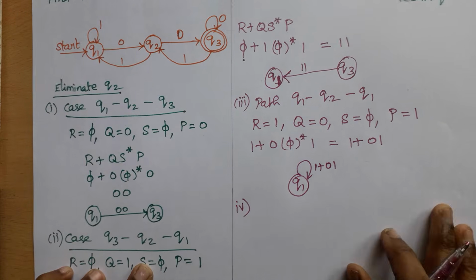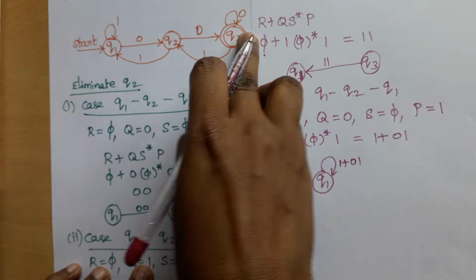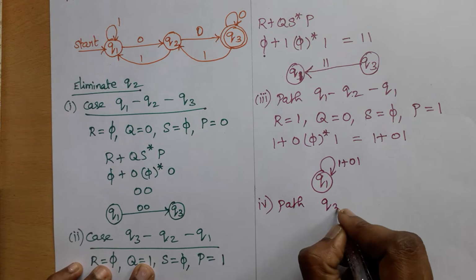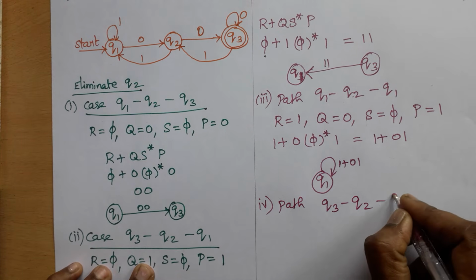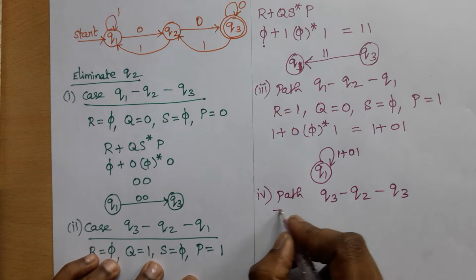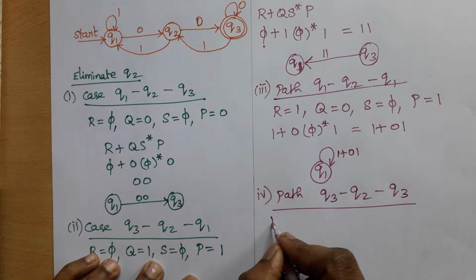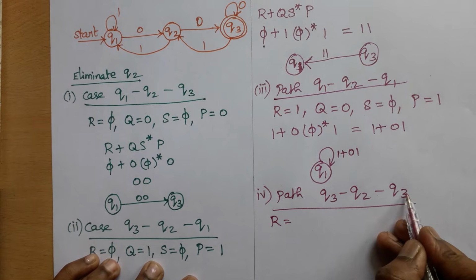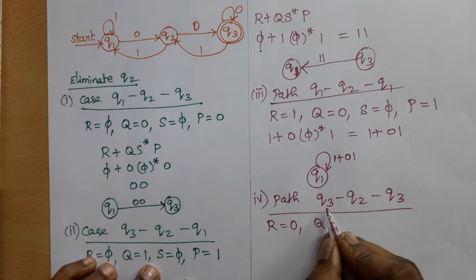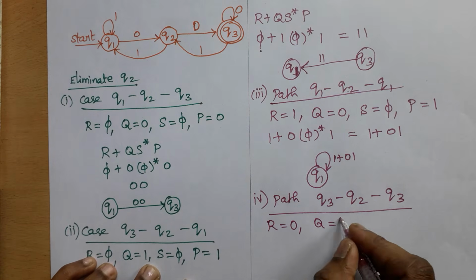Then the final case is Q3, Q2, Q3. So consider the path Q3, Q2, Q3. Both predecessor and successor states are Q3. Here R is Q3 to Q3, so 0. Then Q3 to Q2 is 1.